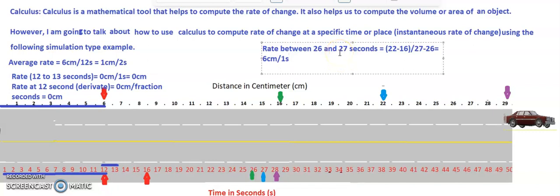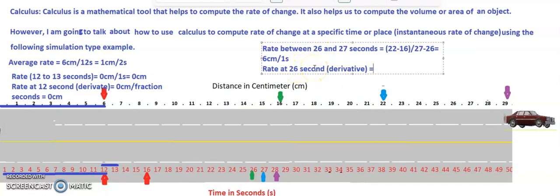What about the rate at 26 seconds? This is a derivative calculation. That's where you're gonna apply calculus. We would like to know really the rate at exactly 26 seconds. So that's in the next video.